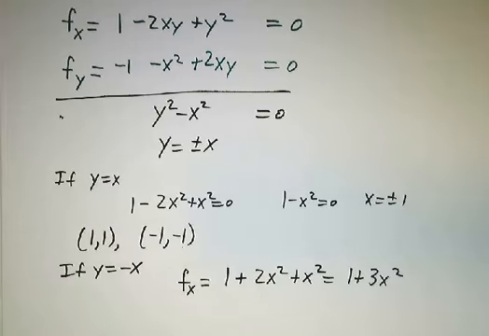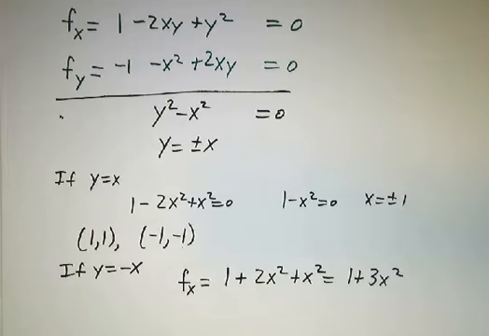Okay, but that doesn't tell us whether it's a maximum, a minimum, or a saddle point. To do that, we have to take second derivatives. So we take the derivative of fx with respect to x, and that gives us minus 2y, and the derivative of fx with respect to y gives us minus 2x plus 2y, and the derivative of fy with respect to y gives us 2x.